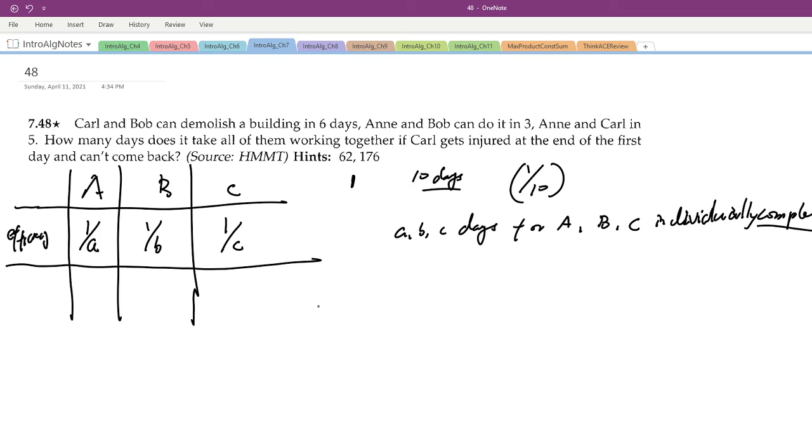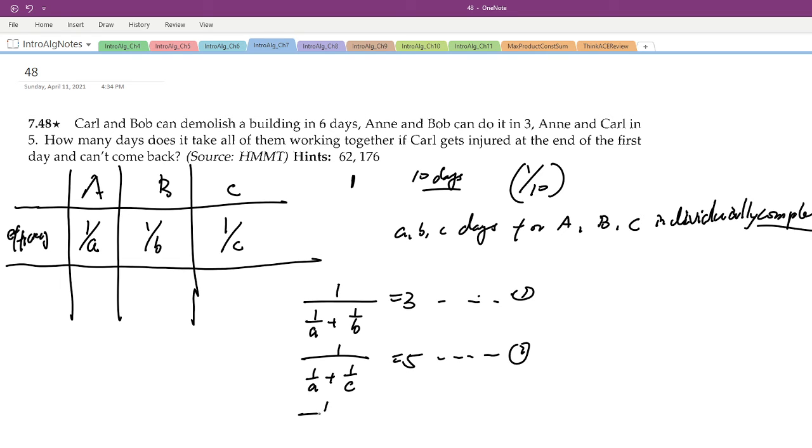Now what we have is here. The whole work using A's efficiency plus B's efficiency takes 3 days. A's efficiency plus C's efficiency takes 5 days. B's efficiency plus C's efficiency takes 6 days.